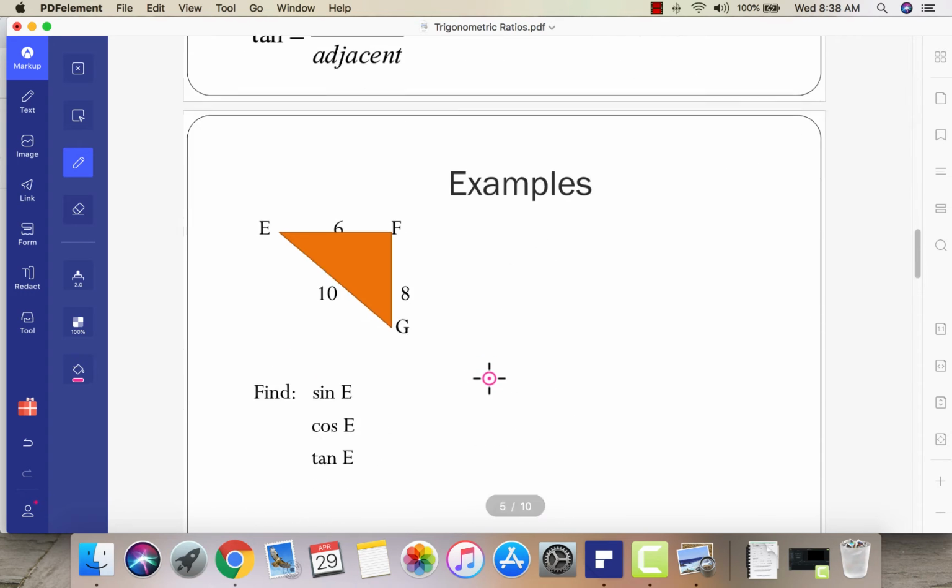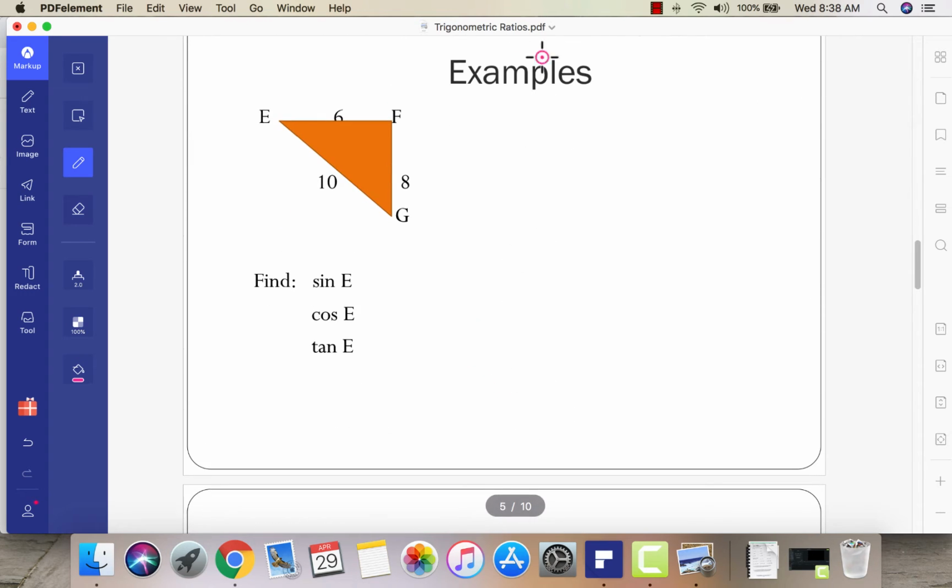Alright, so let's look at an example. We need to find the sine of E. So this is the angle that we're looking at. We need to find the cosine of E and tangent of E. First thing that we should do is label our sides. So this is my right angle, so this has to be my hypotenuse.